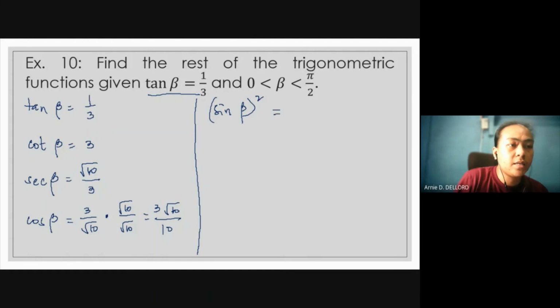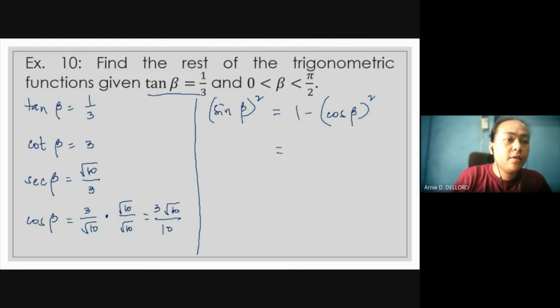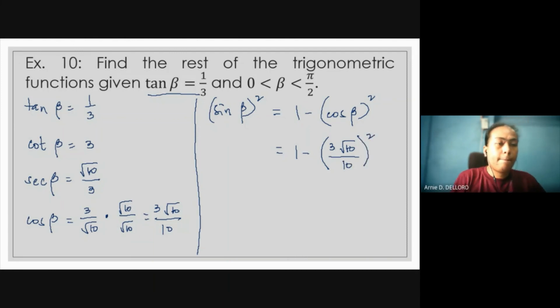Sine squared beta is equal to 1 minus cosine beta squared, since we already know the value of cosine. So we have 1 minus 3 square root of 10 all over 10 squared. Actually, I will use the one that is not rationalized, to make the computation easier for me.